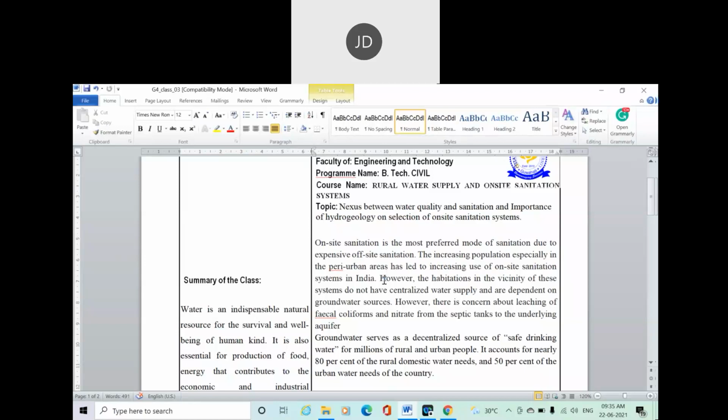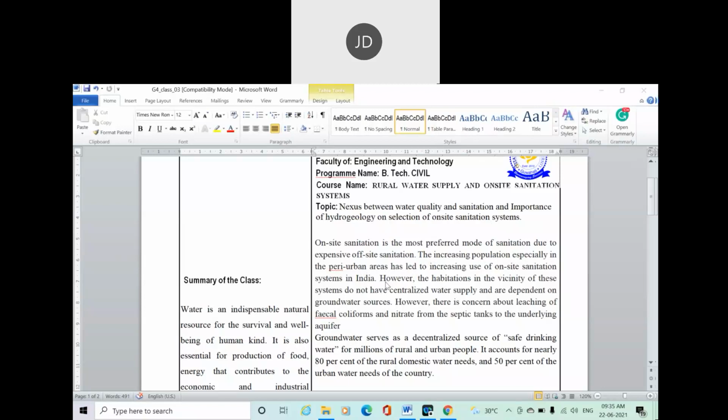On-site sanitation depends on the presence of the groundwater table, and also on the population of the community. This also matters. That's why nowadays on-site sanitation is promoted so much.